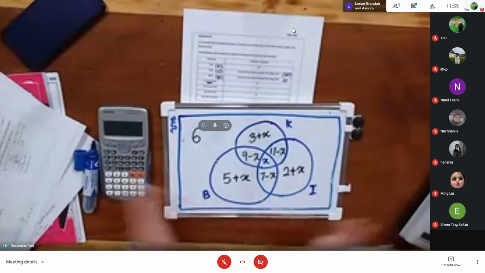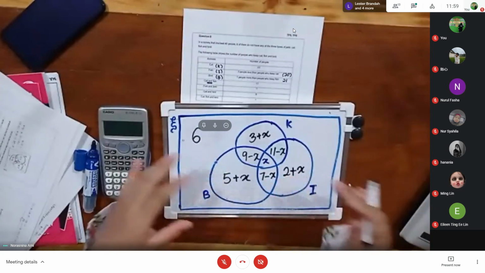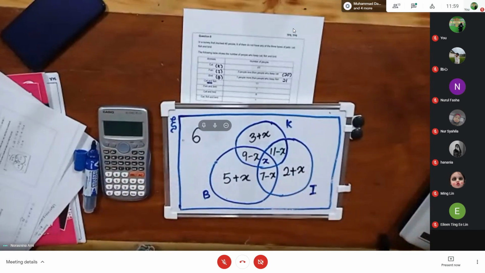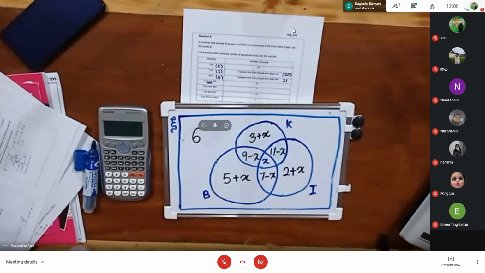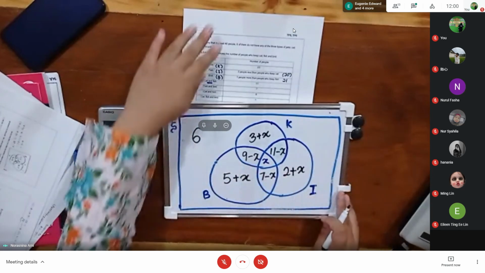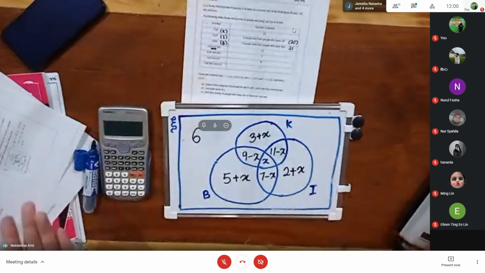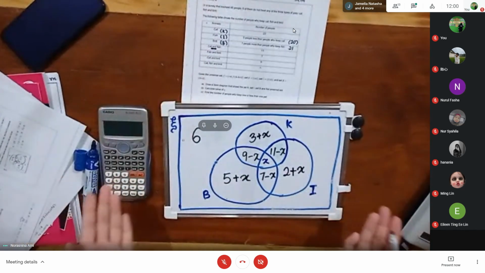If there is any intersection, we combine and make the intersection part for both of those sets. Okay, this is how you draw a Venn diagram. You must take a look at the condition for each of the sets. Okay, this is the Venn diagram. So done for question A.